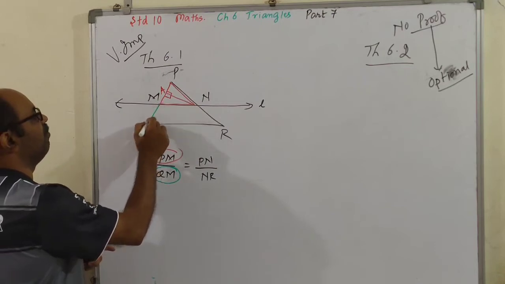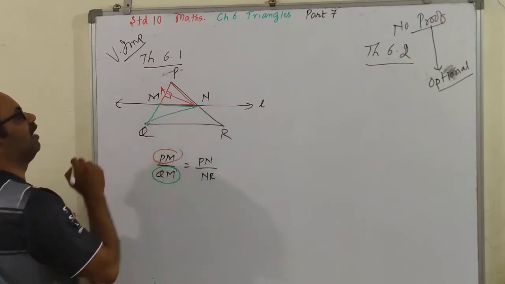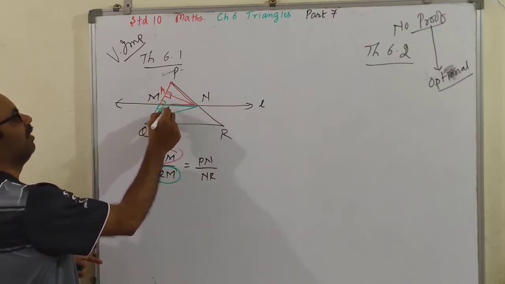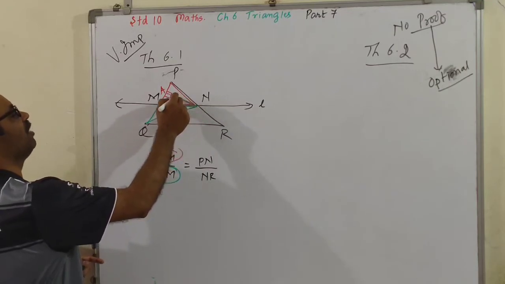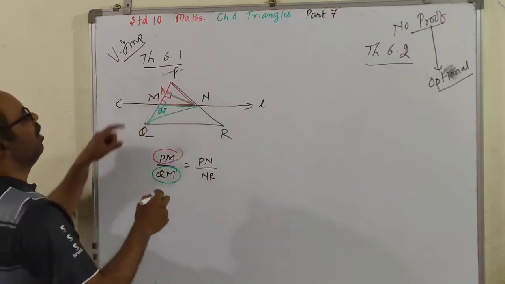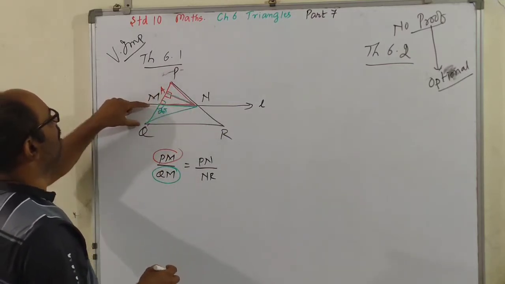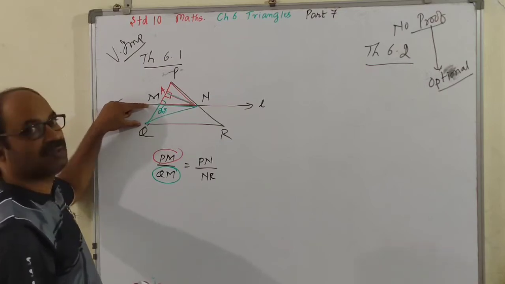Now this is QM. The third vertex we again choose N only and complete the triangle. Now this is an acute angle, this is an obtuse angle. Correct? So from this vertex the altitude is the same, this one only. So NA is the altitude corresponding to base PM, and this is corresponding to base MQ in this triangle.